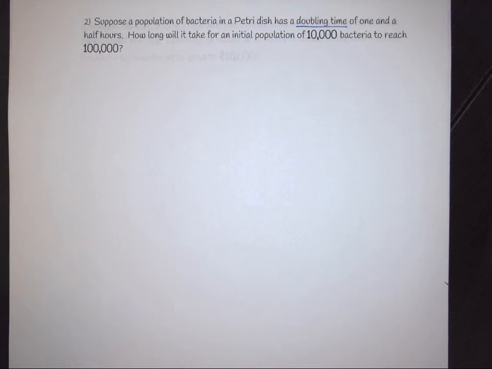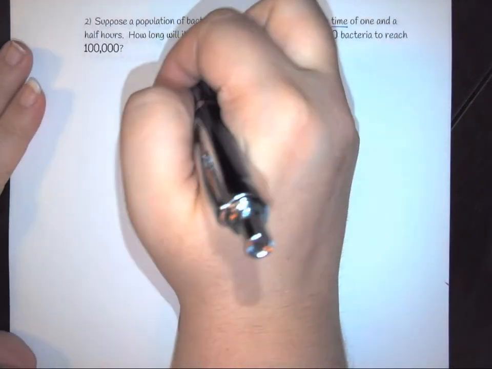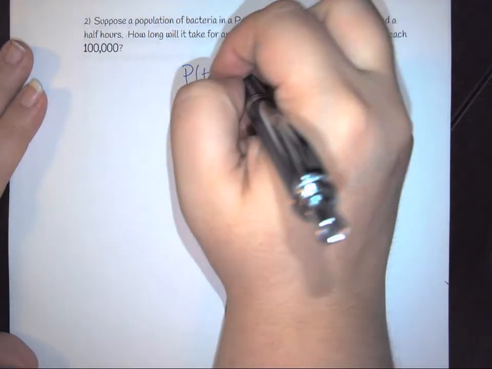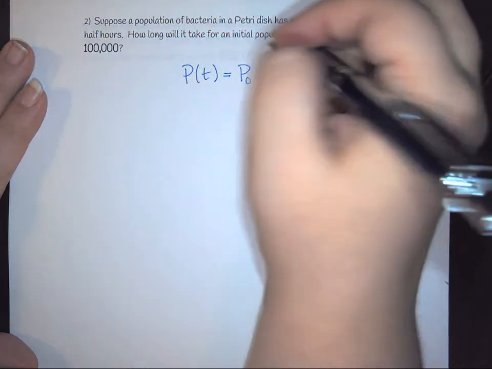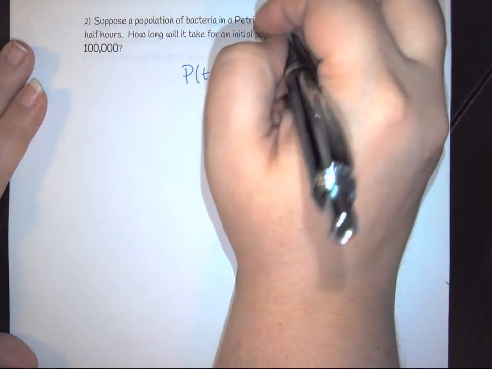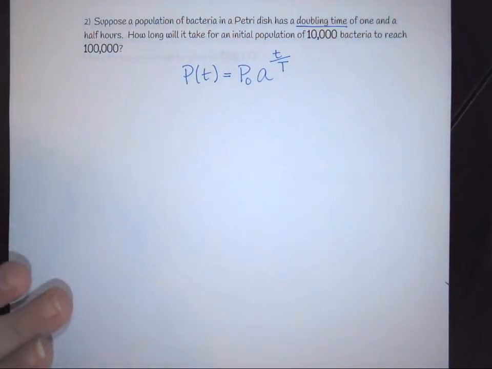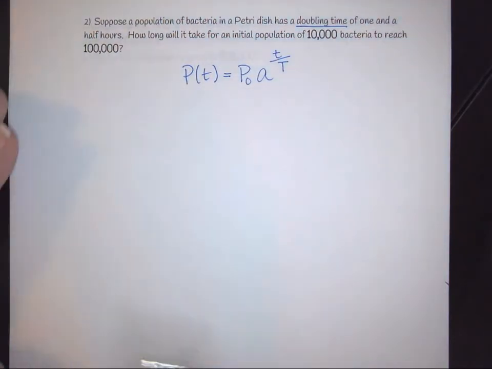So the first thing that we need to know is we need to write down the equation we're going to use. So we're going to use P of t is equal to P naught times A to the little t over big T. So there's some information that we need to know here.